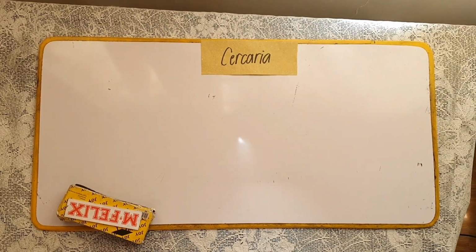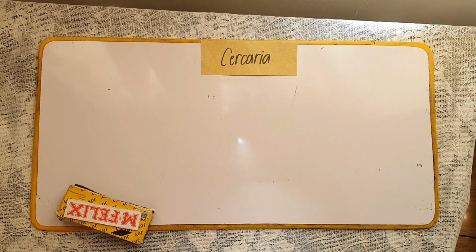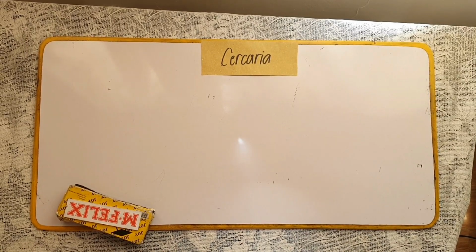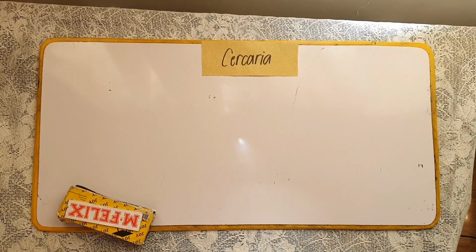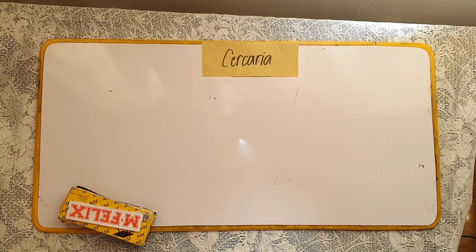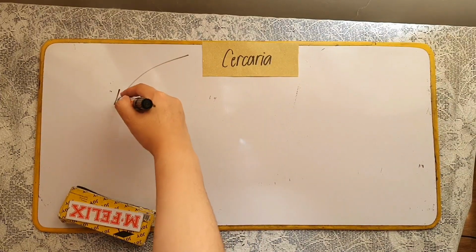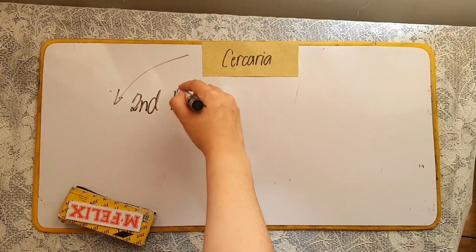Now, this cercaria will then emerge, lalabas yan sa kanyang first intermediate host. It will escape from its first intermediate host, then swim freely into the water. Babalik yan sa tubig, seeking now to infect its second intermediate host. Hanapin niya yung kanyang second intermediate host.